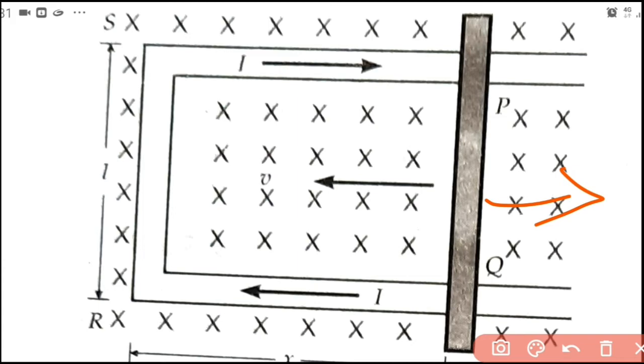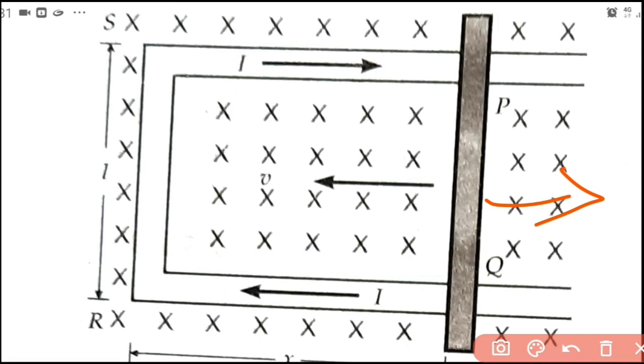That is the direction of force experienced by the conductor PQ. So we have to apply a force against that force, and in order to move the conductor without any acceleration, the force to be applied on the conductor will be B square L square V by R. That is a very important point to be noted.